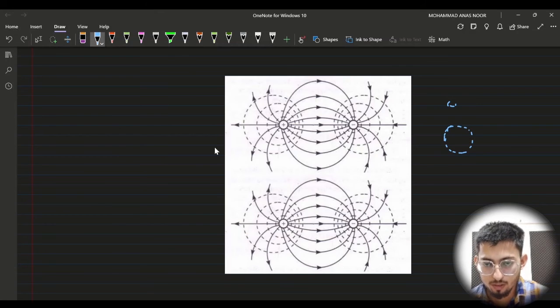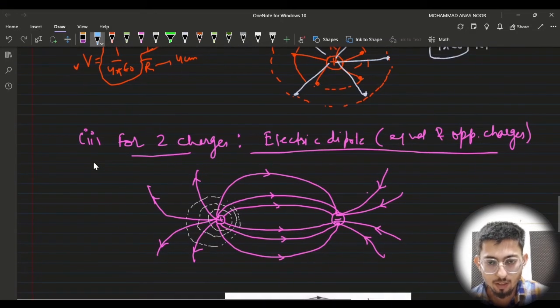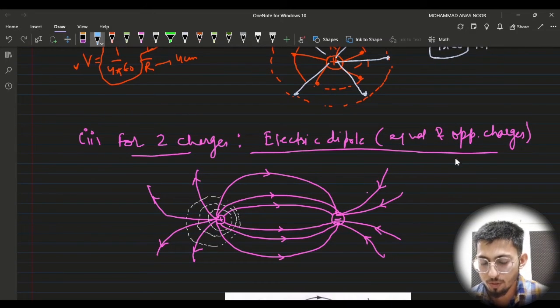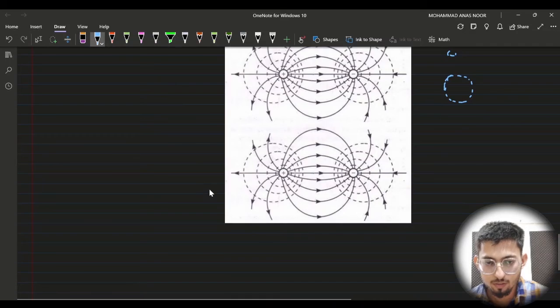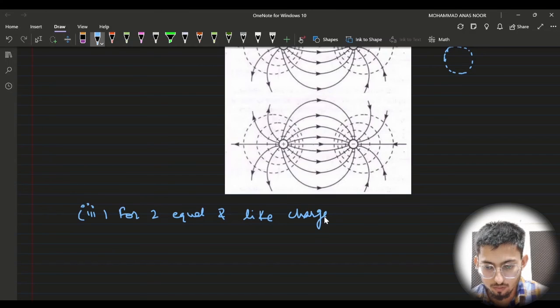Now what about when the two equal charges are not opposite, they are like charges?